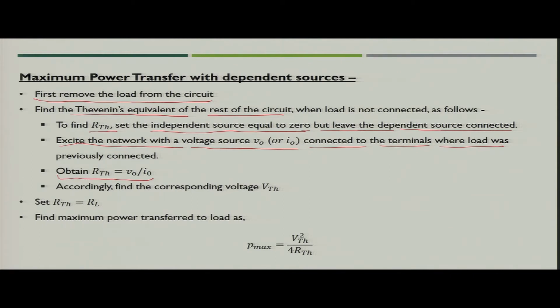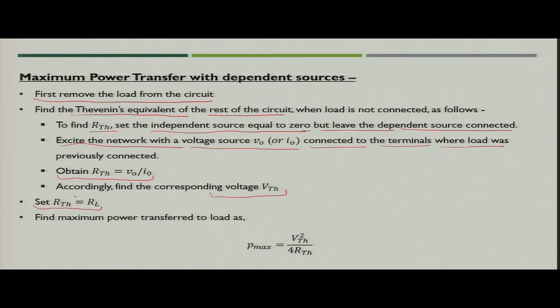Then you obtain the value of RTH, which is nothing but V naught upon I naught. V naught is the value across the terminal where you have connected either the voltage source or current source, divided by the current supplied by the source, that is I naught. After that you will find the corresponding Thevenin voltage.